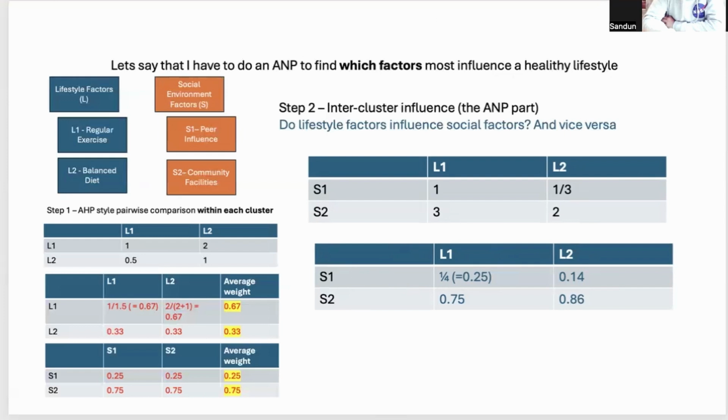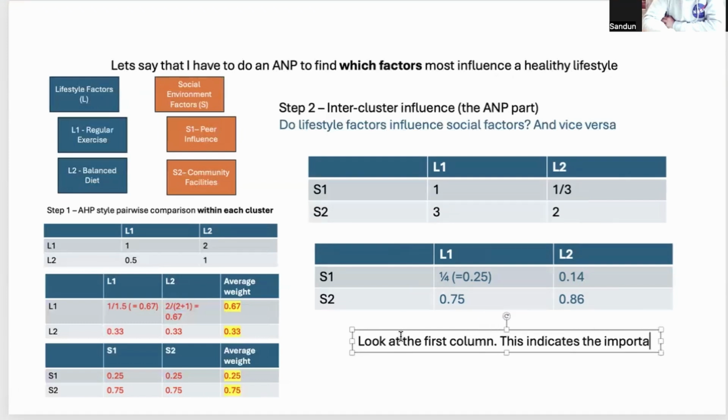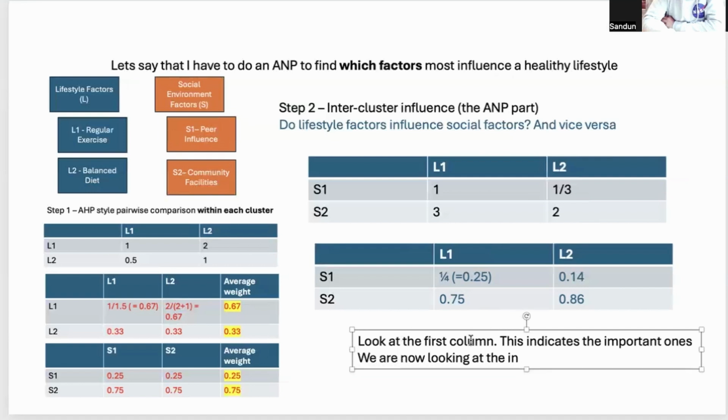Remember, in this case, my columns, I'll write it down. Look at the first column. This indicates the important one. It means we are now looking at the dependency of social to lifestyle.